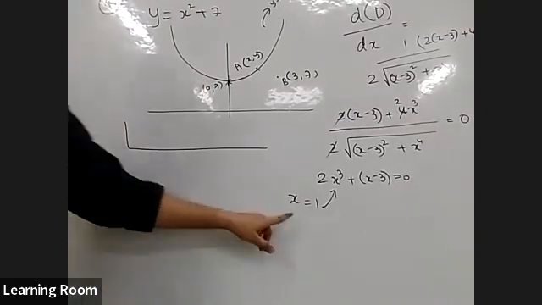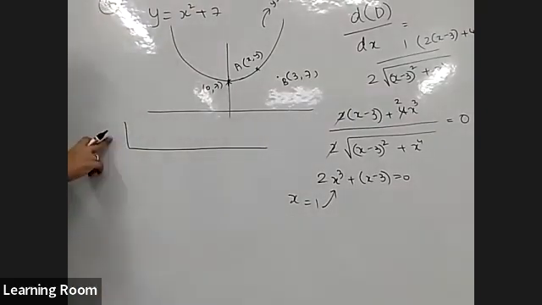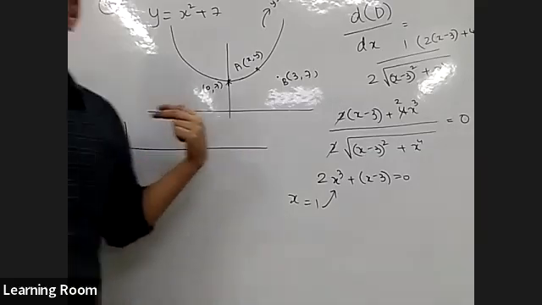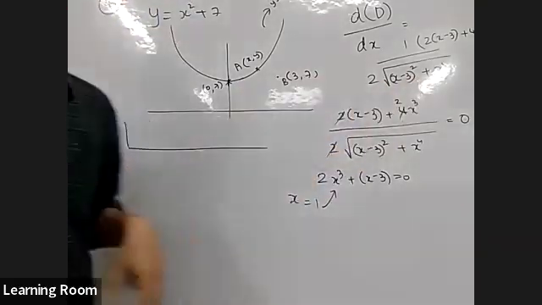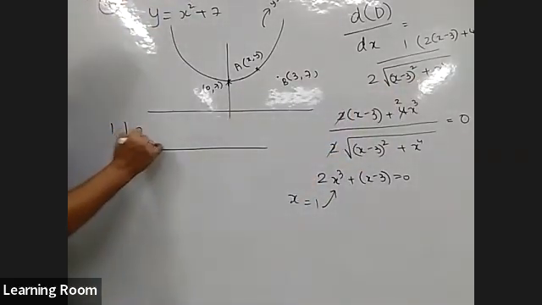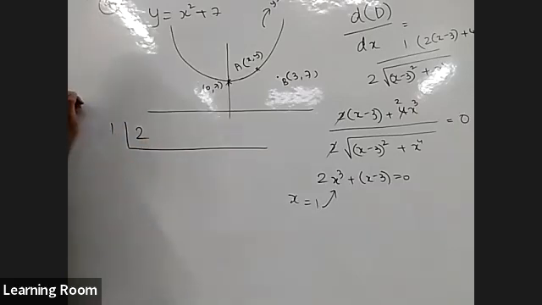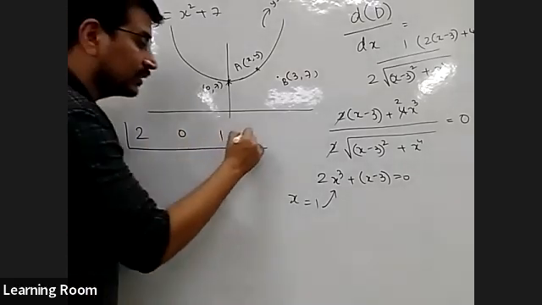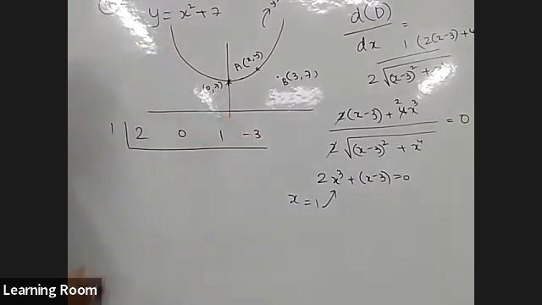So once you find the root, put it like how you do for prime factorization. Put a 1 outside. Write the coefficients of all the powers of x and the constant in decreasing order. So the coefficient of x cube is 2, the coefficient of x square is 0, the coefficient of x is 1 and the constant is minus 3.